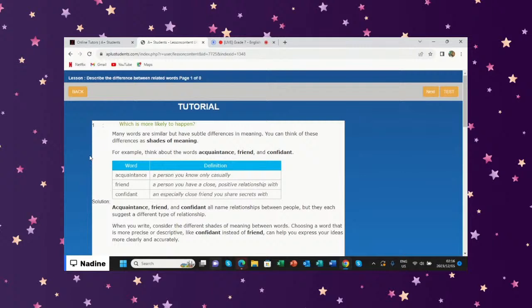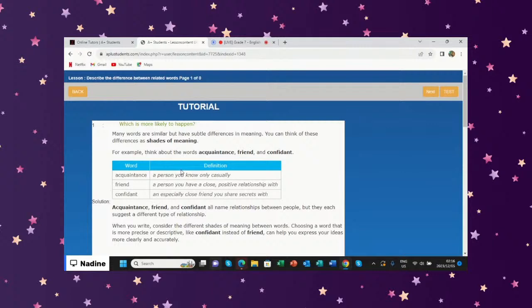An acquaintance is a person you know only casually. Nowadays, people would say you can't call everybody your friend. This is either my friend, or this is an acquaintance, which is someone I just know casually.